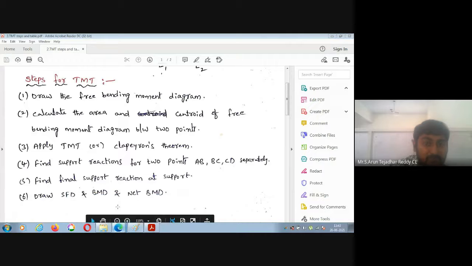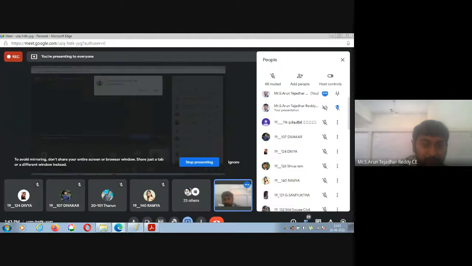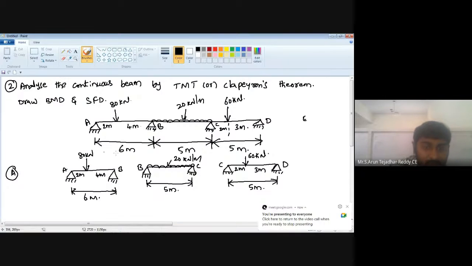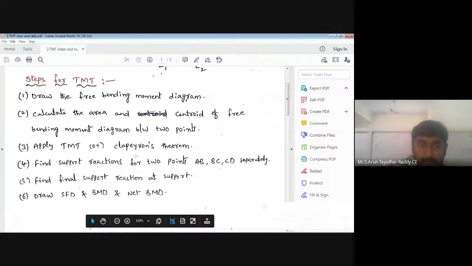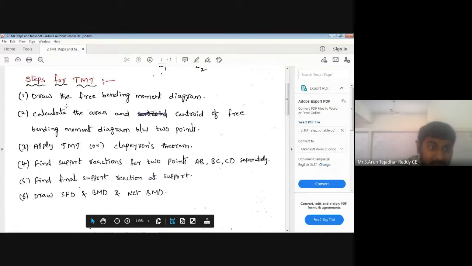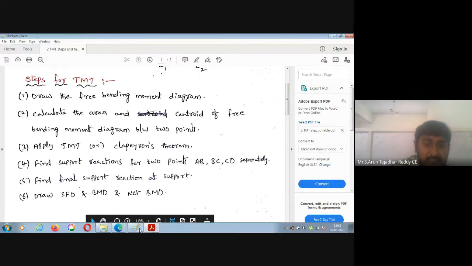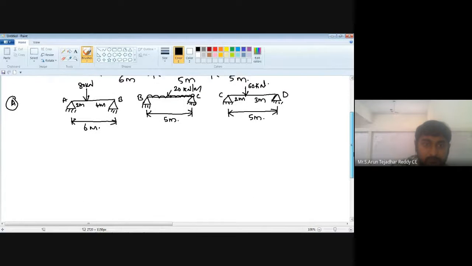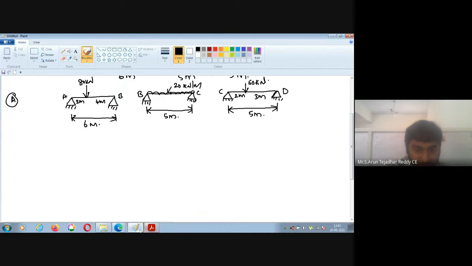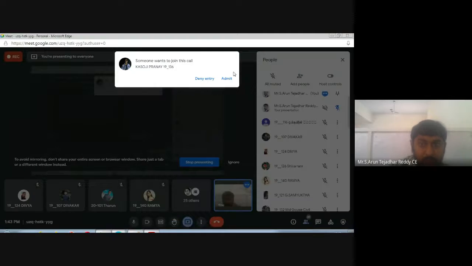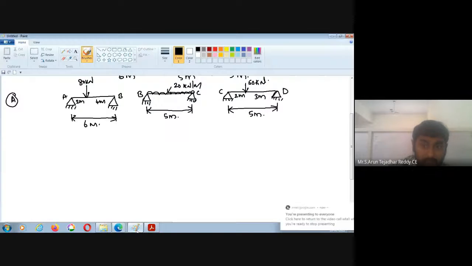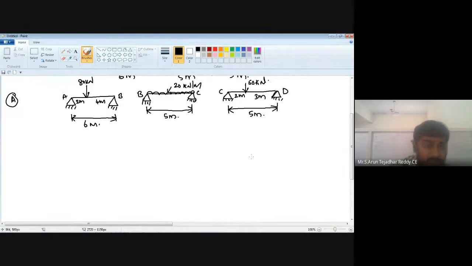The first step is to draw the free bending moment diagram. This is our first step. Now all of you try to draw the free bending moment diagram based on the given loads.